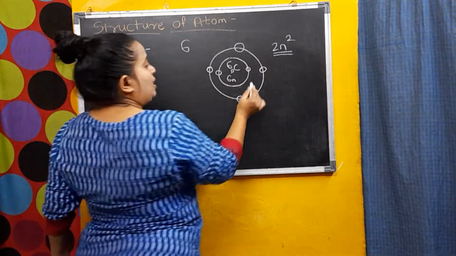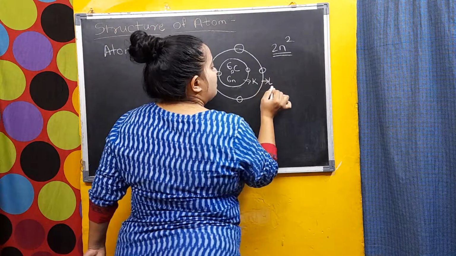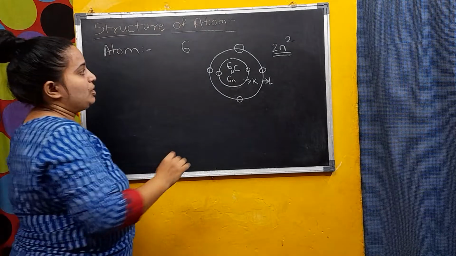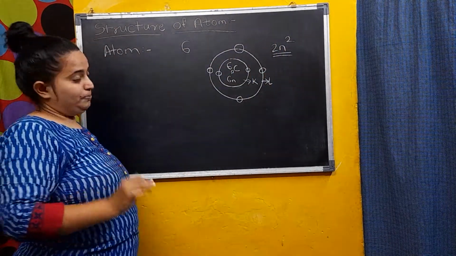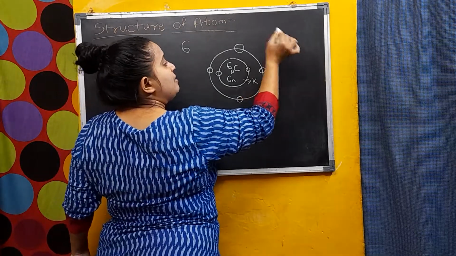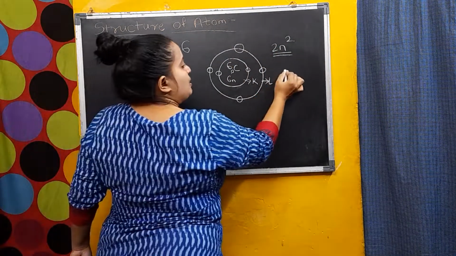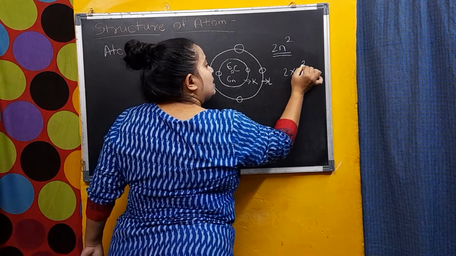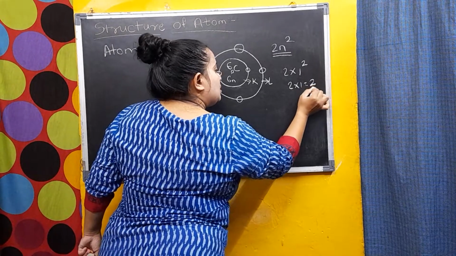Understood? The first shell we call the K shell, the second shell the L shell, then according to this, K, L, M, N, like this. Here n is the number of the shell. For the first shell, in place of n we write 1. So 1 squared is 1, 2 into 1 is 2.